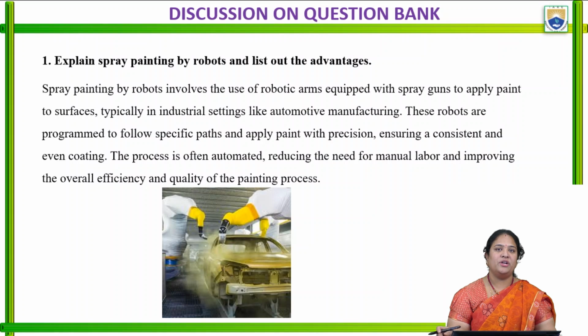Coming to the first question: explain spray painting by robots and list out its advantages. As we all know, spray painting is an important process in the automobile industry, where this type of spray painting system is very toxic and harmful to the workers in that industry.